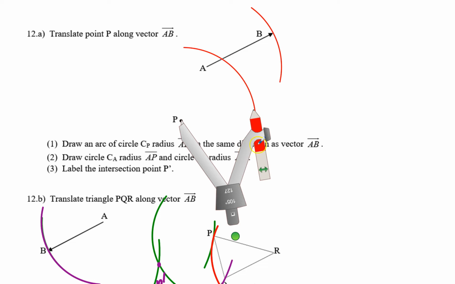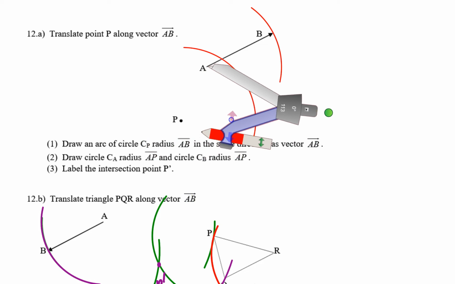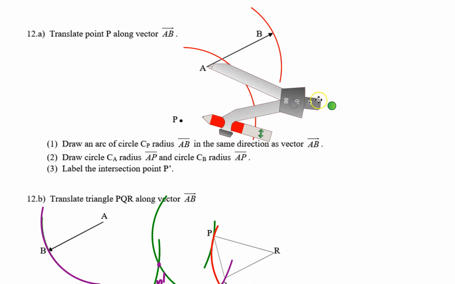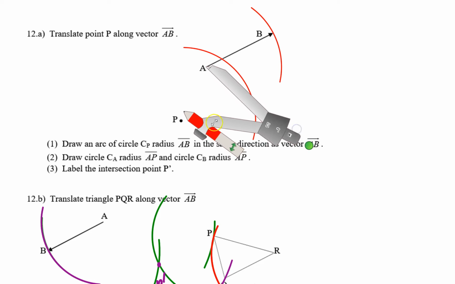Next, I'm going to go back to the starting point of the vector. So back to A. And I'm going to measure from A to P. And make an arc.